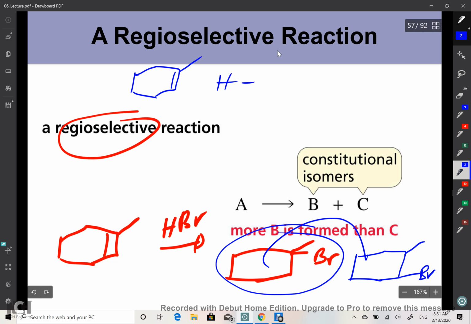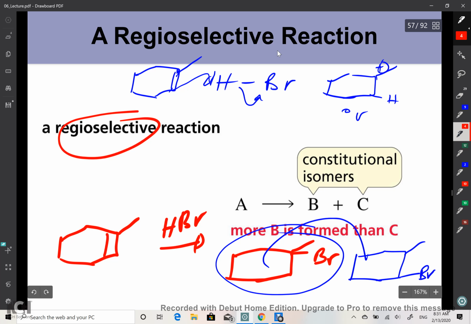So, if I have that, that's my mechanism. You attack here, and then you go over there. There are two things I can form. The two carbons here: one gets the positive charge, the other one has the hydrogen. That's the intermediate. So, my intermediate here, I will have a positive charge here, and then here I will have the hydrogen.